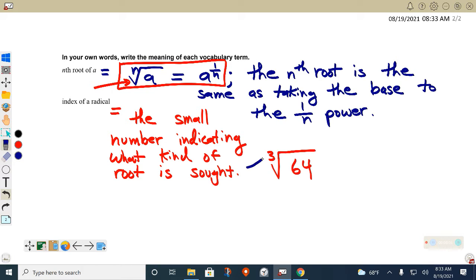So for an example, the cube root of 64, that's called the index of the radical.